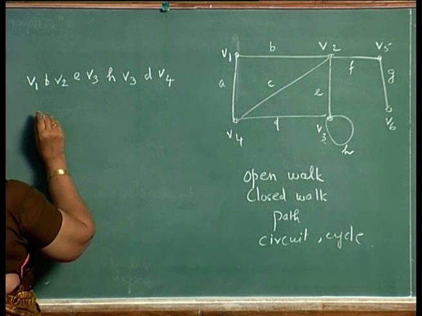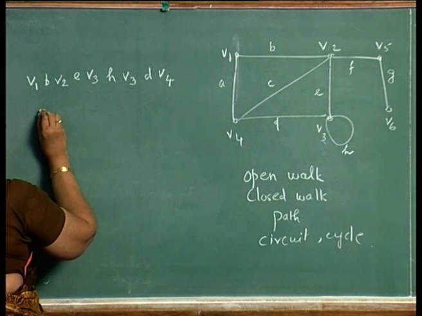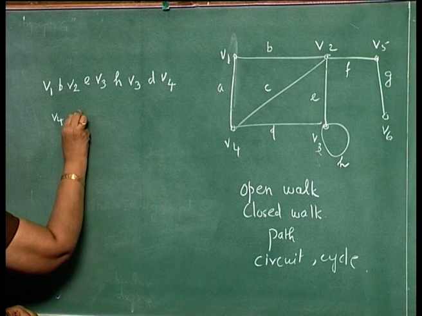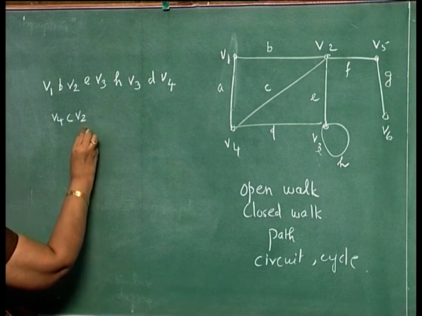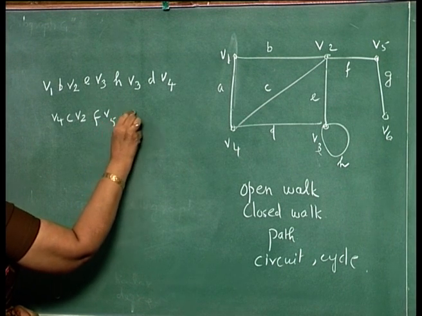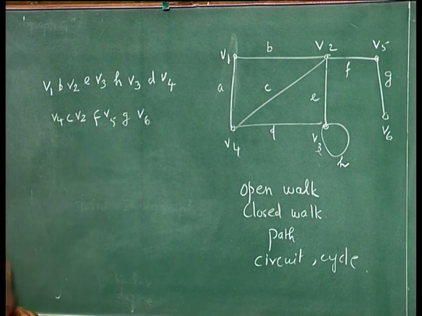Now, look at this: V4, C, V2, F, V5, G, V6. This is also a walk. Here no vertex also is repeated.